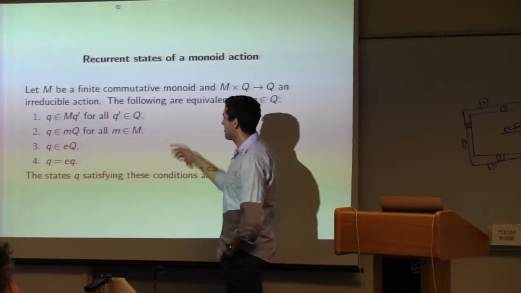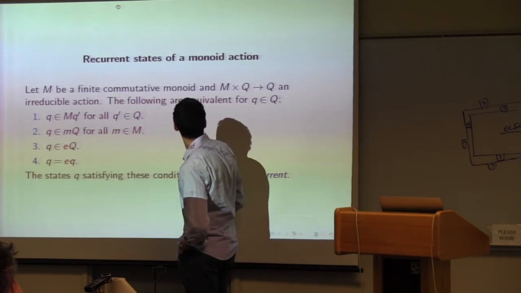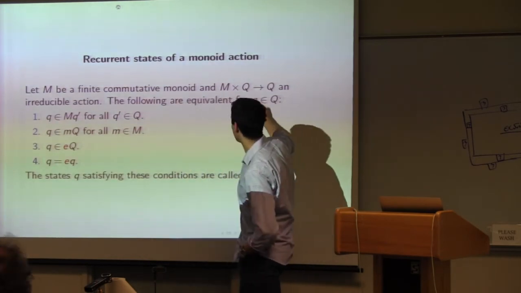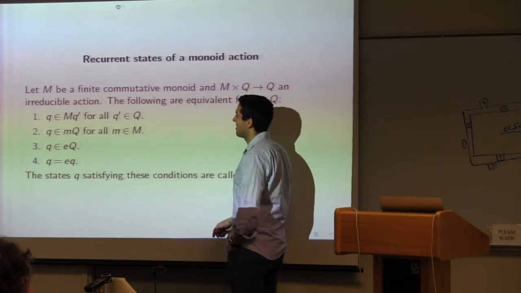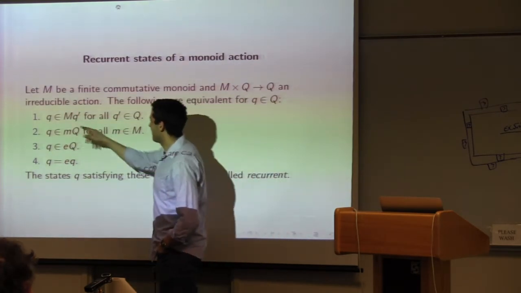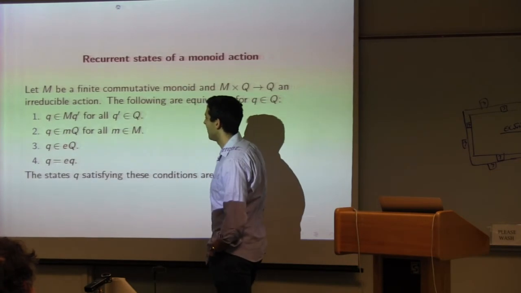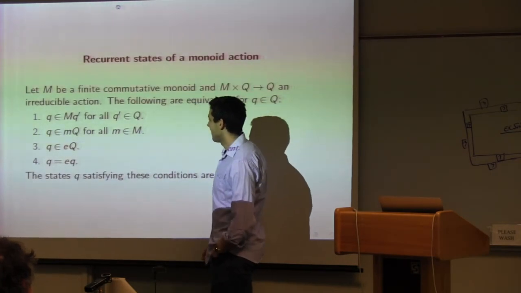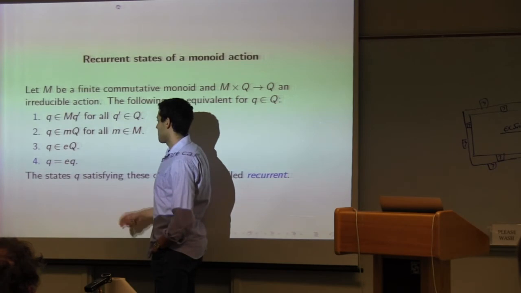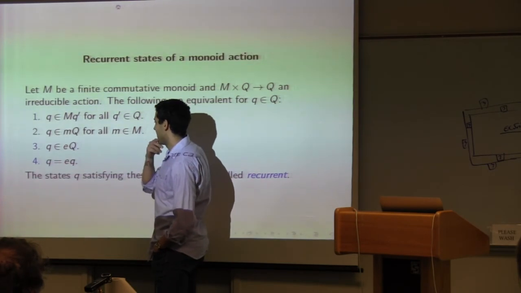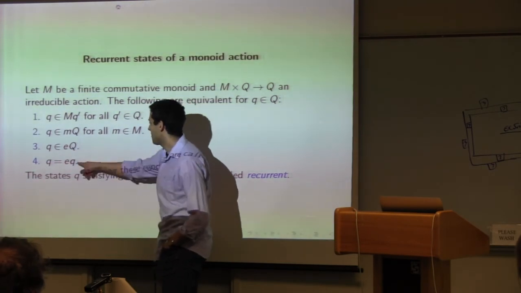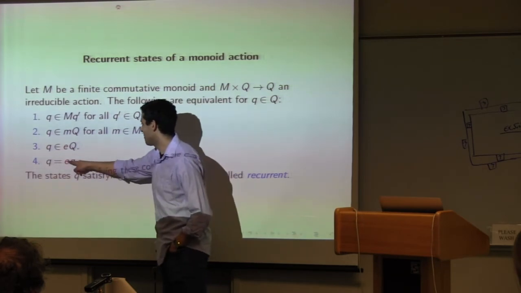So condition 1 says that, it's a condition on a state Q, you can get to state Q from any other state by applying something in the monoid. For example, condition 4 says you're fixed by applying the identity element.